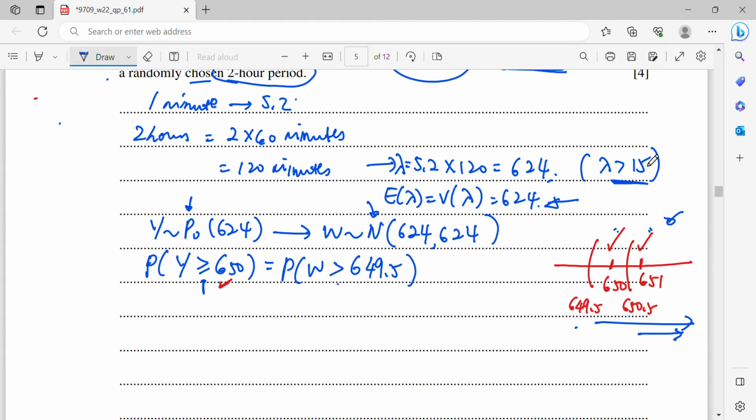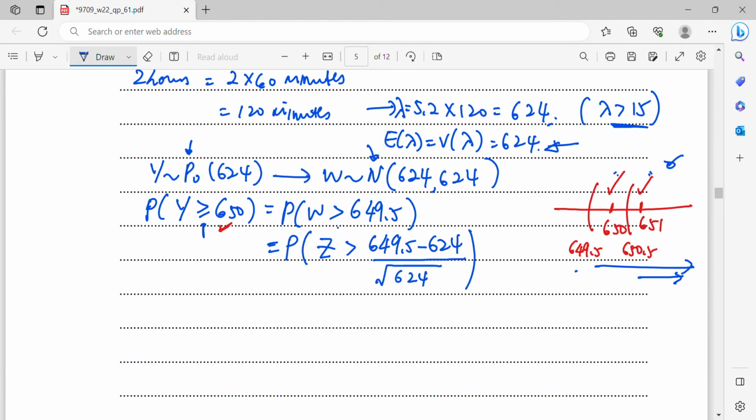Then we need to standardize the variable because your W is normally distributed. So P(Z > (649.5 − 624)/√624), where 624 is the mean and the standard deviation is the square root of 624 because 624 is the variance. From here, when you do the calculation, it will be P(Z > 1.021).